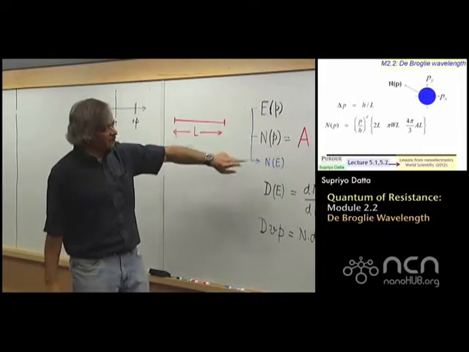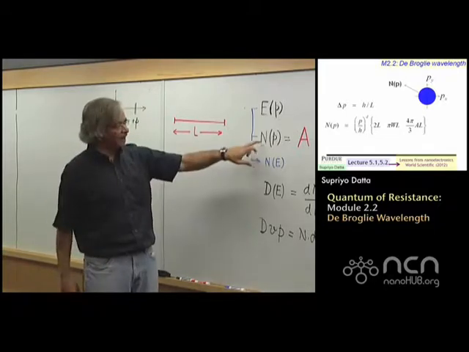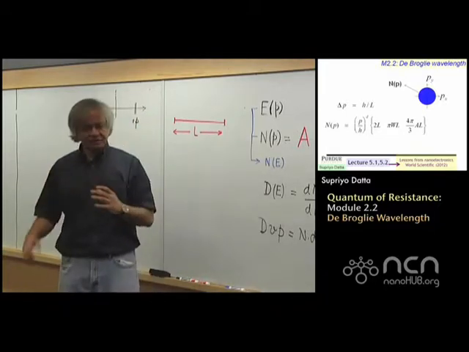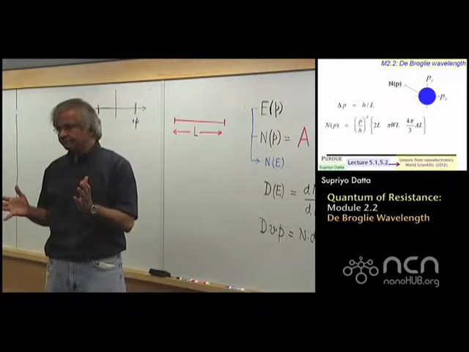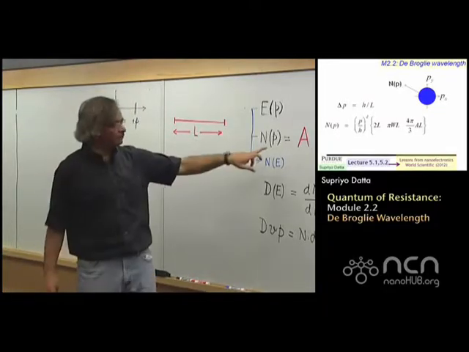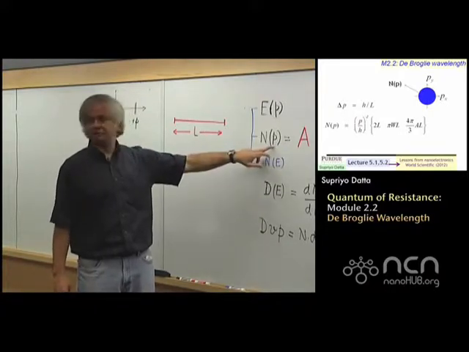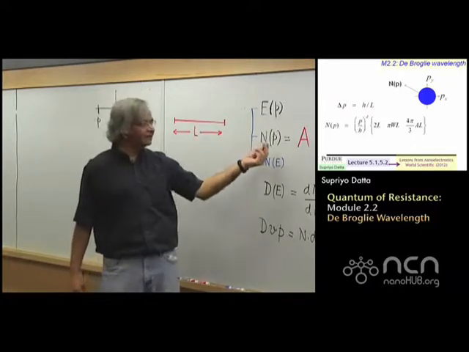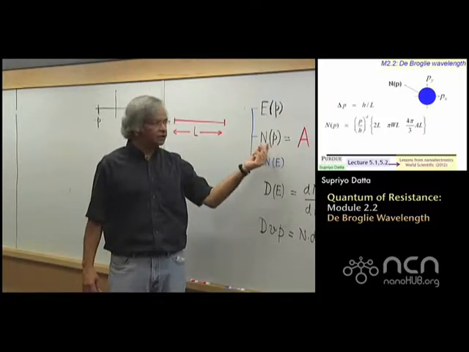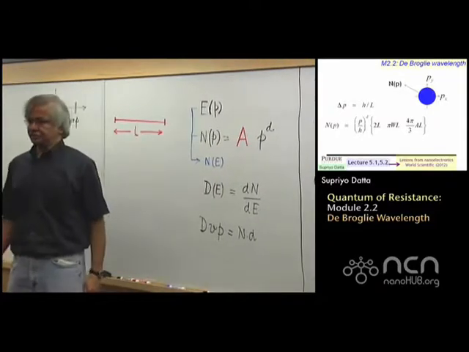And as I mentioned, the first step is to ask how many states we have for electrons having all possible momentum up to a maximum value of p. And what I argued in that last module is that, without going into any details, you'd expect that quantity to depend on p to the power of the number of dimensions.